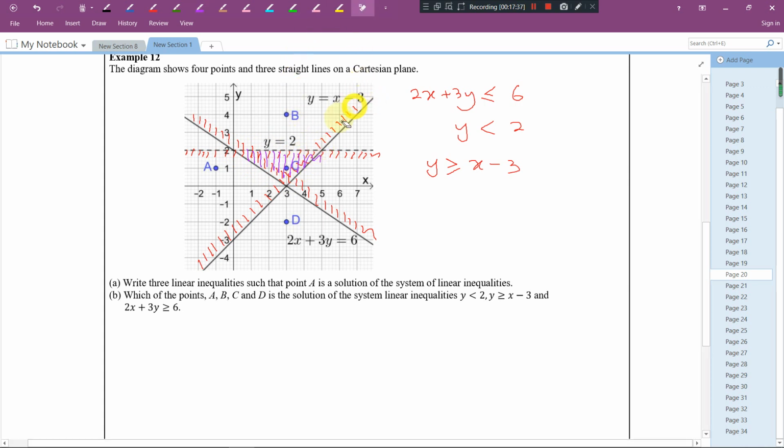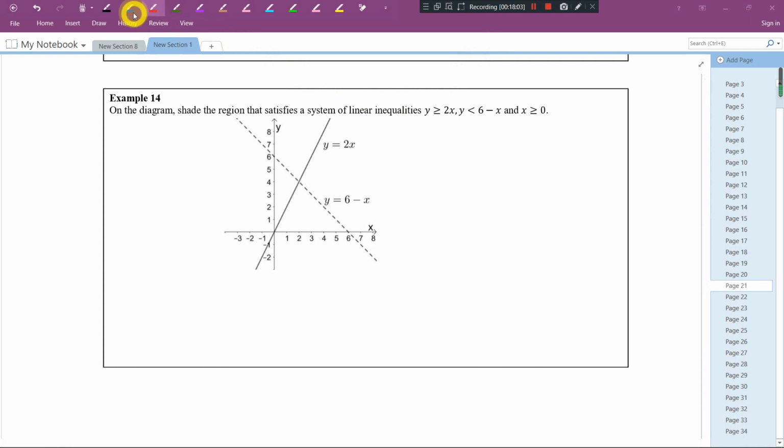Okay, so this is the region that we want. So the answer is which point? Okay, it will be point C.